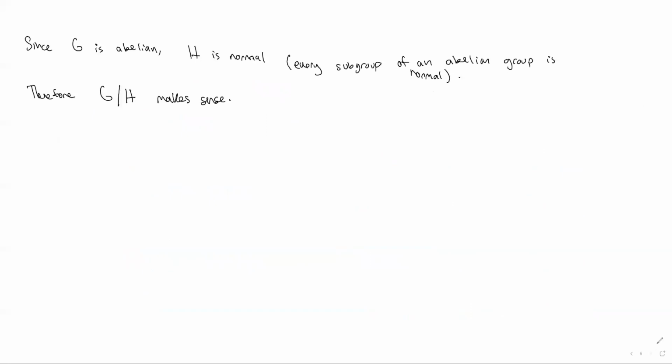Every subgroup of an abelian group is normal, so whenever you have an abelian group, you can always form a quotient. And for any abelian group G and subgroup H of G, G mod H is abelian.